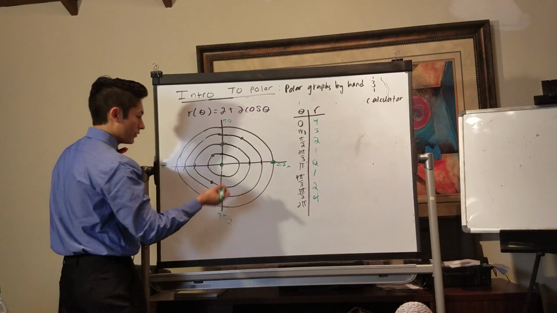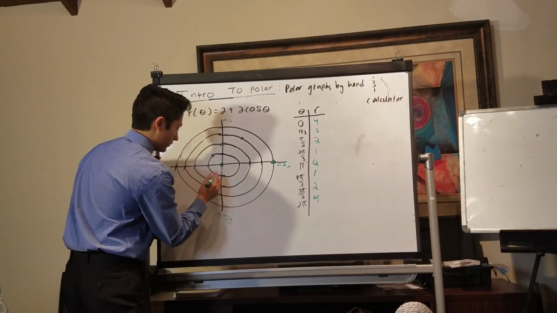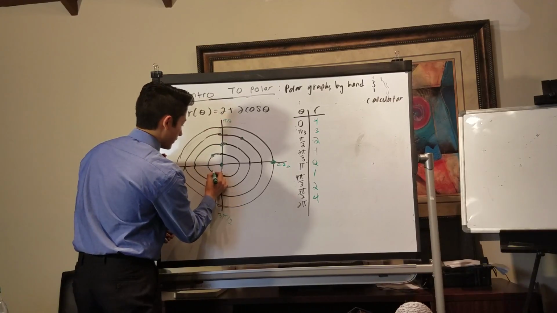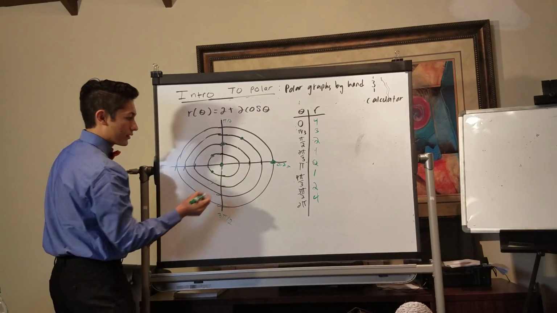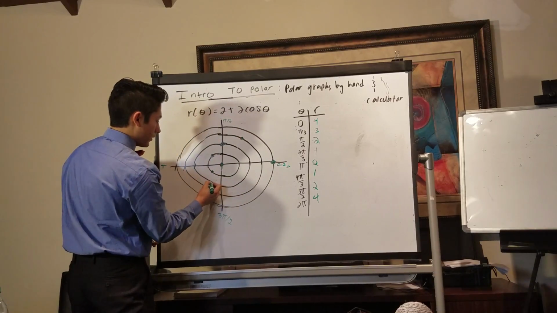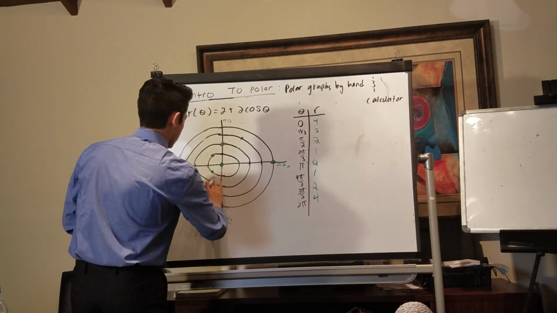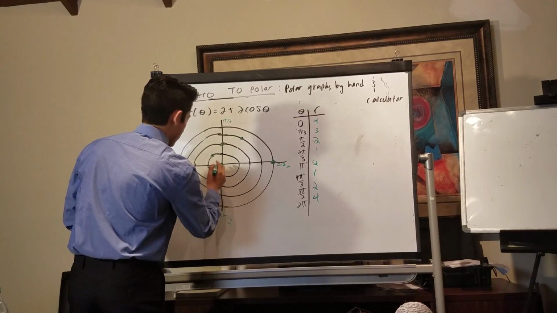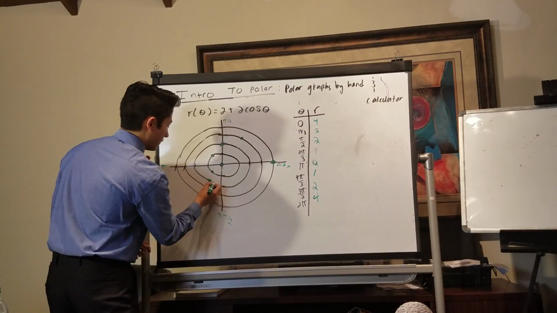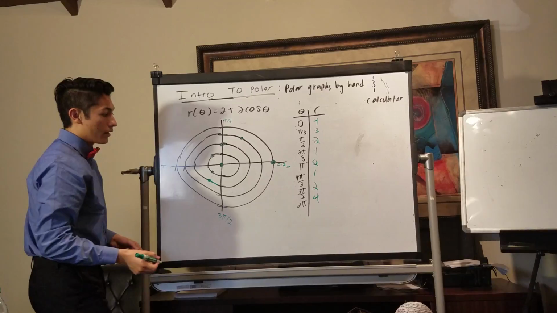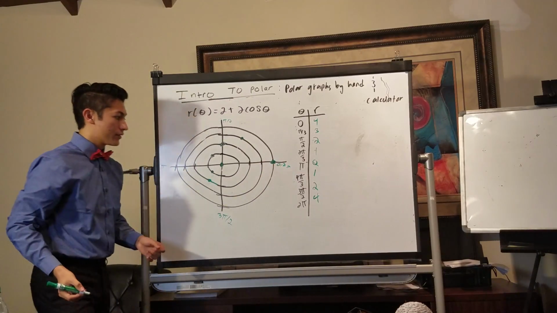And this angle, 3 pi over 2, is going to go to 2. Right out here. Yes, around here. And then 2 pi is going to come all the way back to 4, where we started.